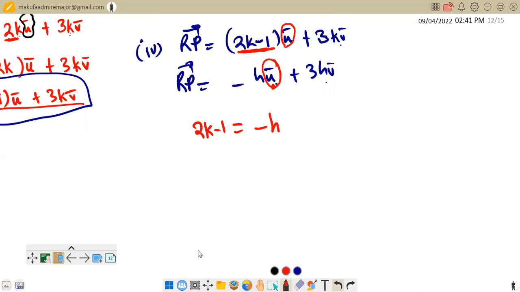So you have formulated an equation, you leave it like that. You move on to v. This is your vector v here, your vector v here. The scalar here is 3k. What about the scalar here? It's a positive 3h. So you equate to positive 3h. What have you done? You have formulated an equation that you're going to solve for h and k.